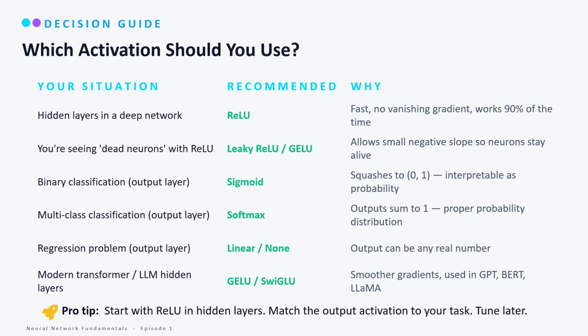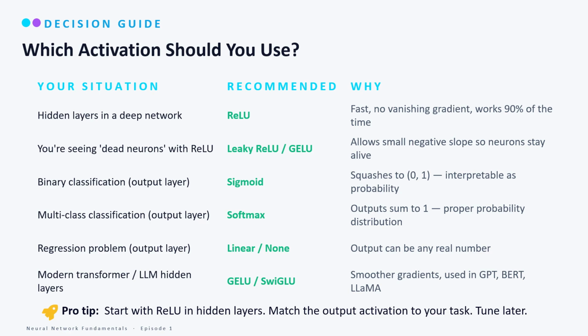So, which one do we use? Here is the cheat sheet. Hidden layers, use ReLU, it just works. ReLU giving you dead neurons, then try leaky ReLU or GeLU. Binary yes or no output, use sigmoid. Multiple categories like classifying images, use softmax.